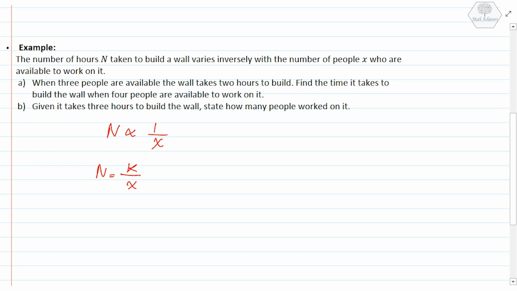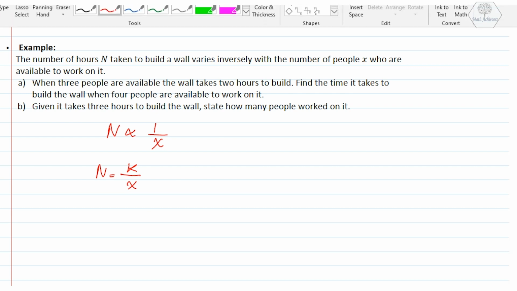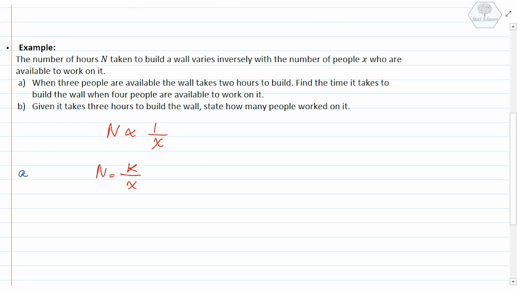For part A of the question, when 3 people are available, the wall takes 2 hours to build. Find the time it takes to build the wall when 4 people are available. The first thing, we have to find out the value of k.